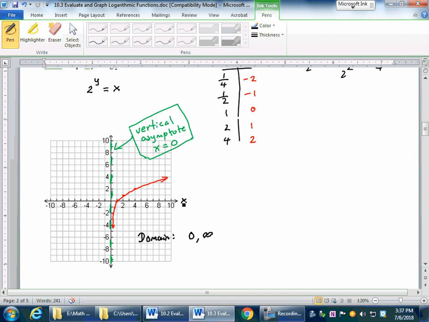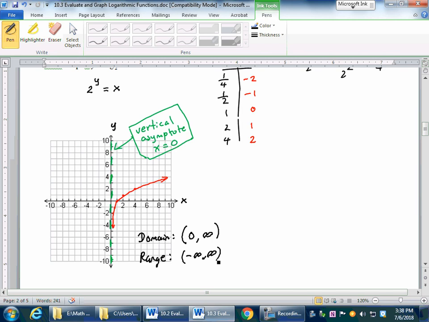You don't have the graph on the left side of 0, and it will never touch that vertical asymptote. 0 is not included. And then my range will be extending down. The graph can extend as far down as you want and as far up as you want, so it will be negative infinity to positive infinity.